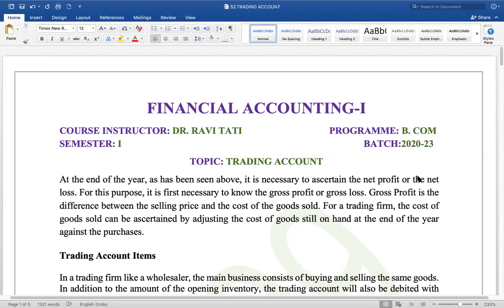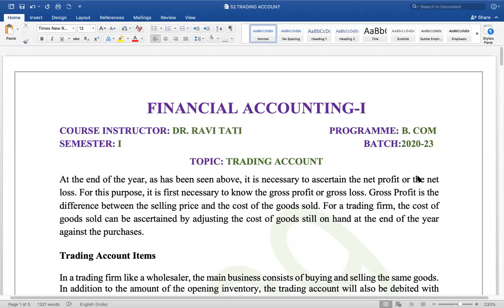For a trading firm, what is the job of the trading firm? It purchases the goods and sells the goods. That's all. It does not make any product. The difference between the purchase price and the selling price is the profit for the trading firm.